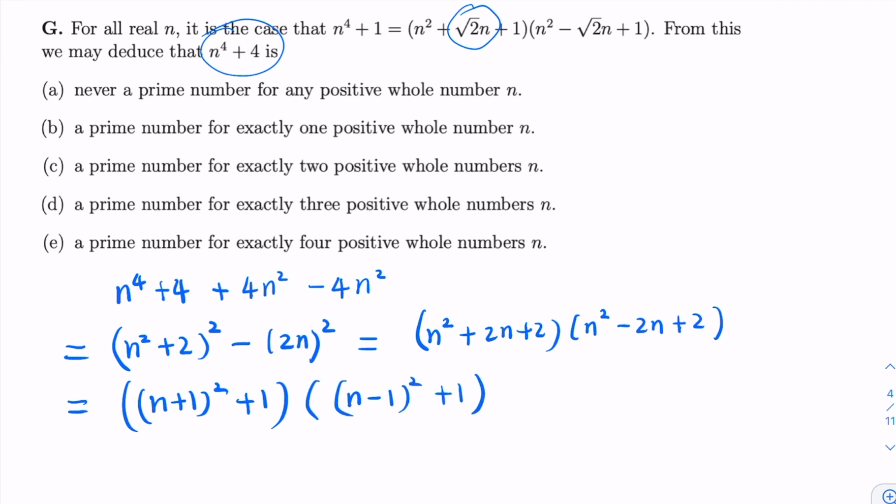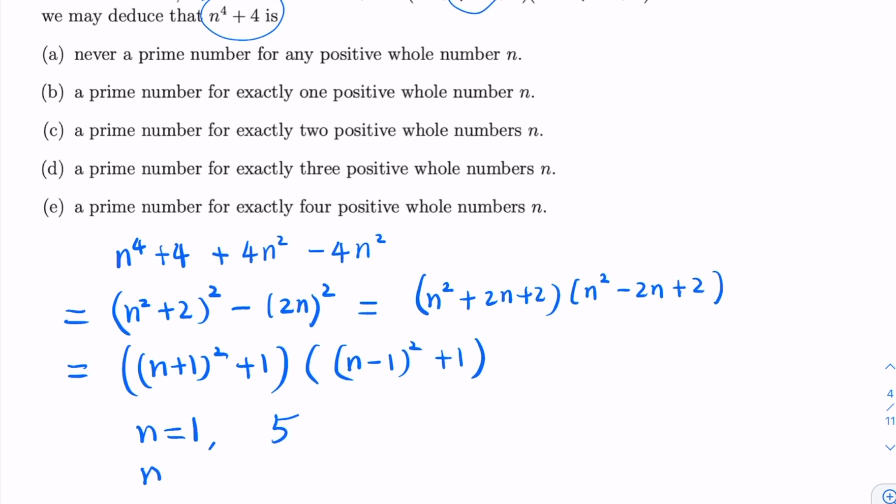So it says for positive n, this is going to be greater than 2. So n is, let's say, 1, right? Here it could be 1, so when n equals 1, this becomes 5.